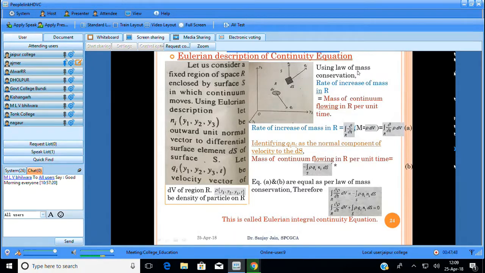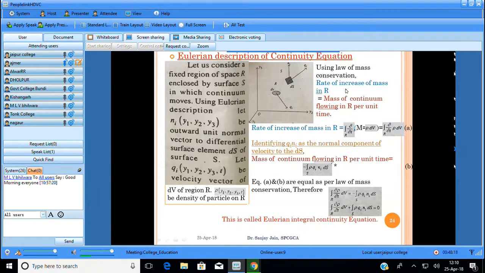Again we are taking the law of mass conservation for deriving the continuity equation in the Eulerian form. What is the law of mass conservation here? Rate of increase of mass in R equals the mass of continuum flowing out of R per unit time.